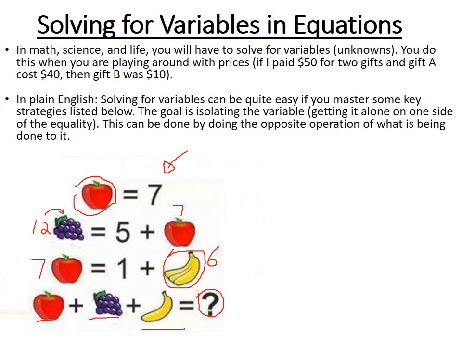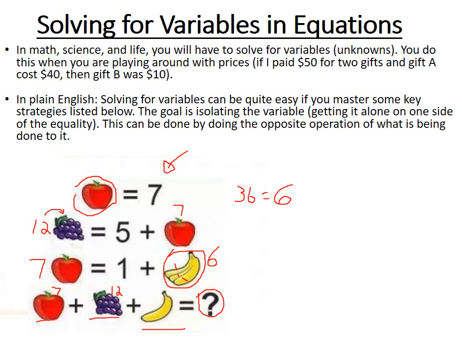So now you have all this information, and you can write down, well, the apple is 7, the grapes are 12, and the bananas we said were 6, but if you look carefully, here we had 1, 2, 3 bananas. So you know that 3 bananas is equal to 6.